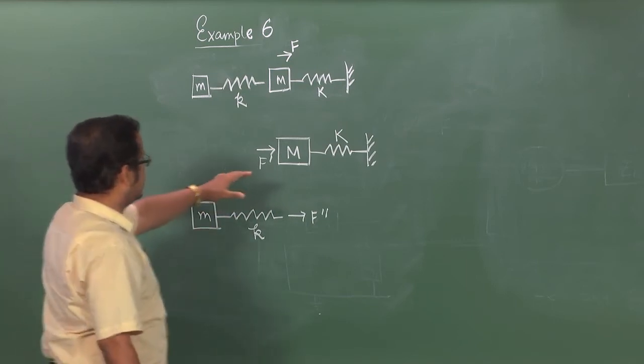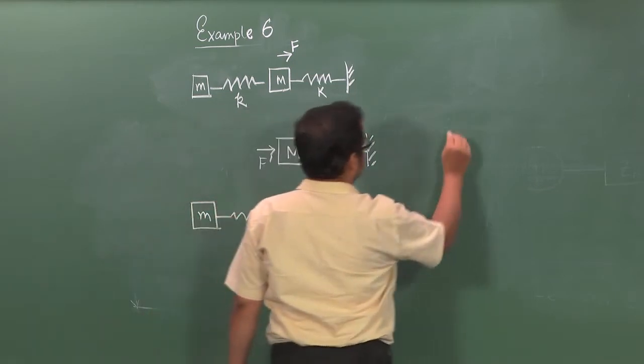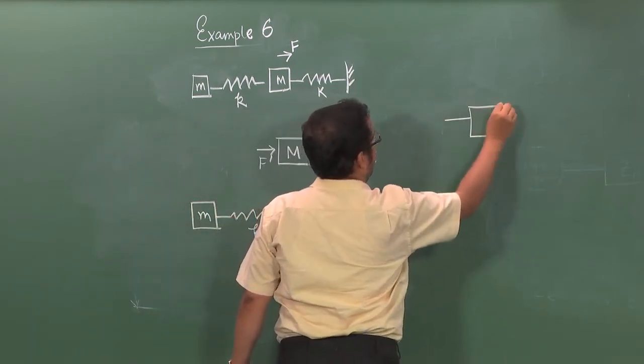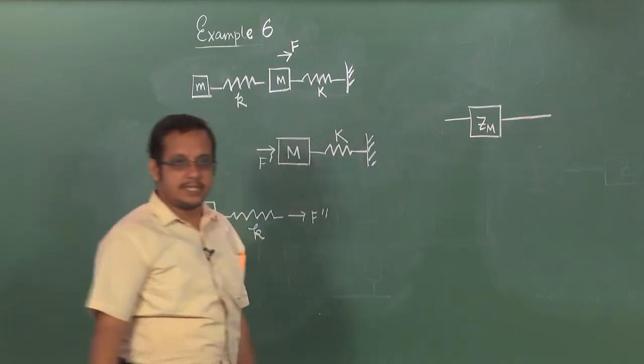So, what will be the electric circuit for this right half? That is pretty easy. So, you will have an impedance associated with the mass capital M which is in line.